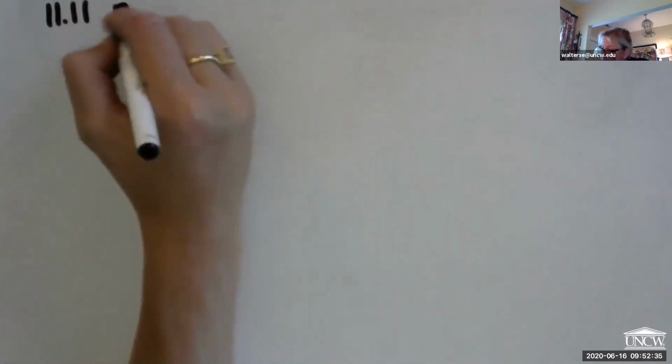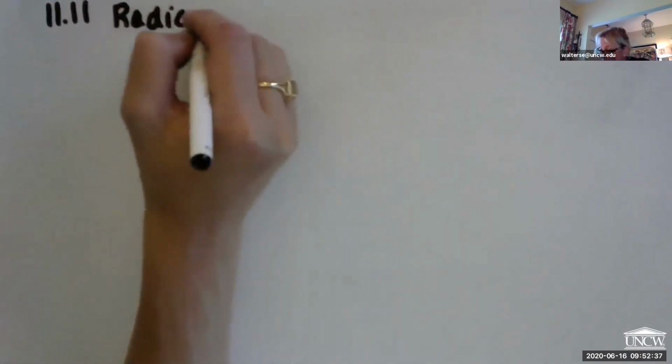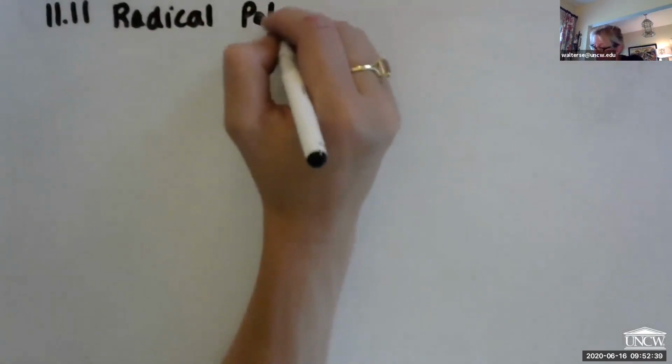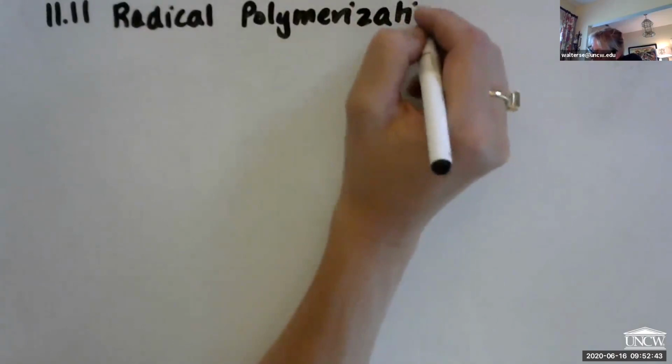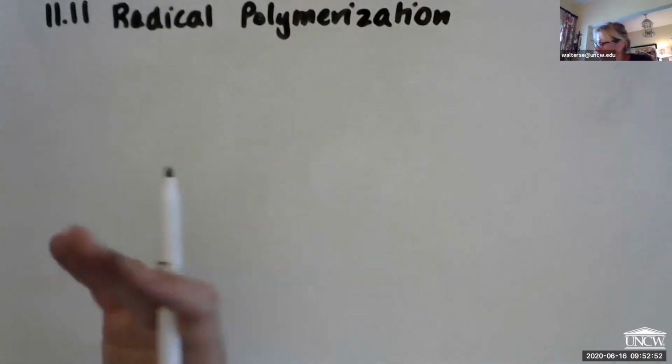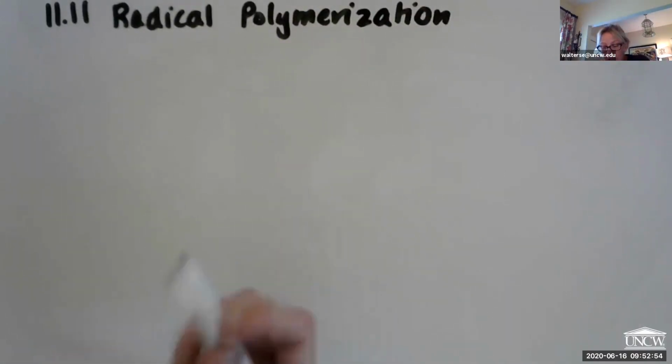And this is called radical polymerization. We'll look at a few examples. I'll have to pull the slides up to show you a table. But just to start, we're going to talk about the polymerization reactions from the perspective of the wording that you use to describe things.